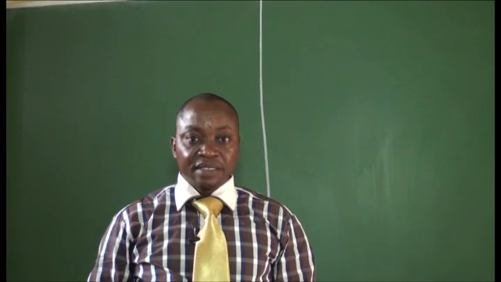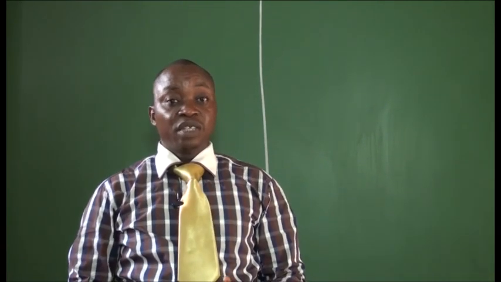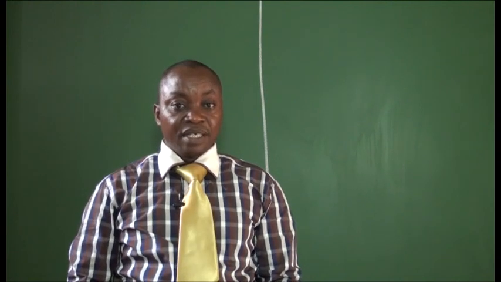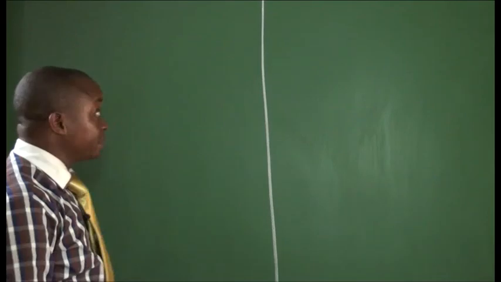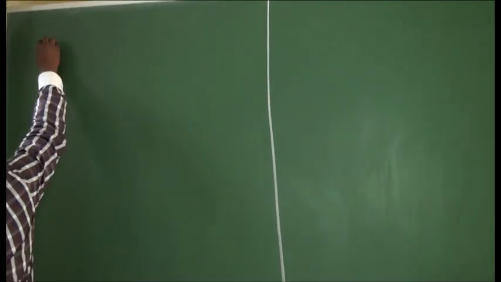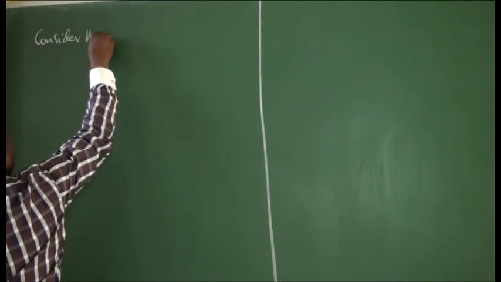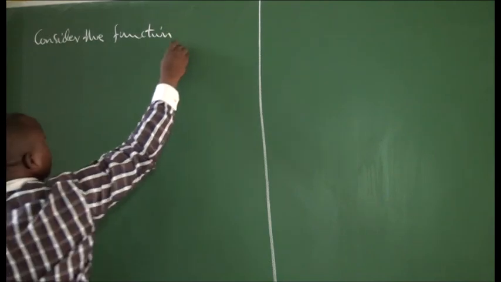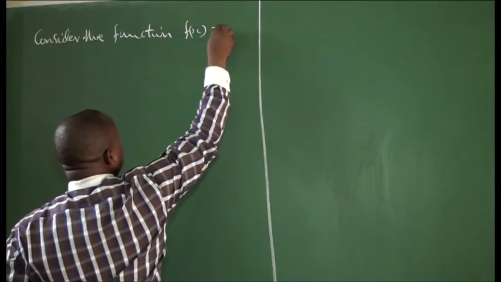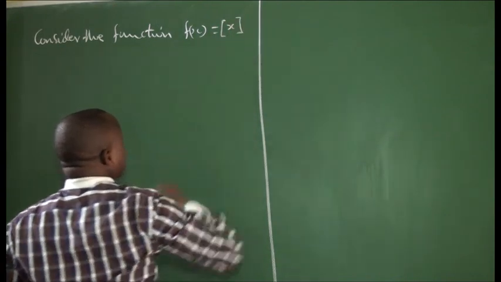We are going to consider another function and look at the limits as x approaches a number. Look at this. We consider the function f of x equal to the greatest integer of x.